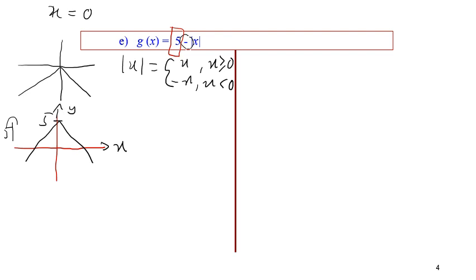So from the graph we'll find out the domain and range. So the domain remains the same, nothing changes, even though the function is changed, which is x is valid for all values of x.